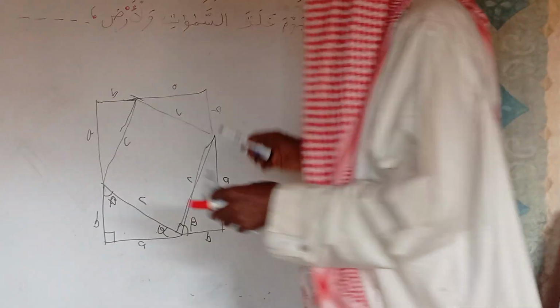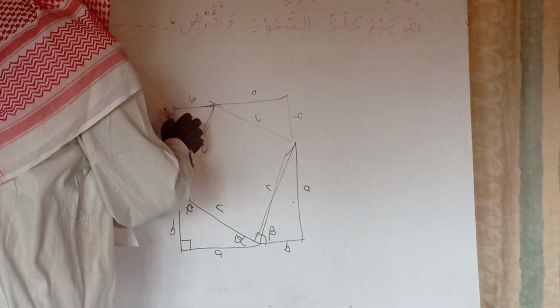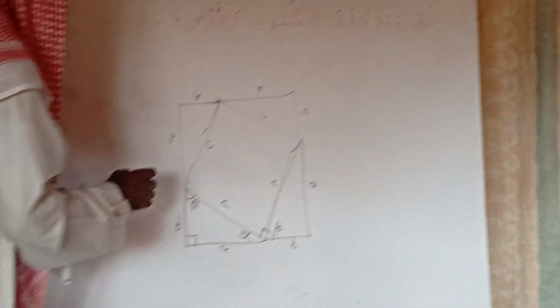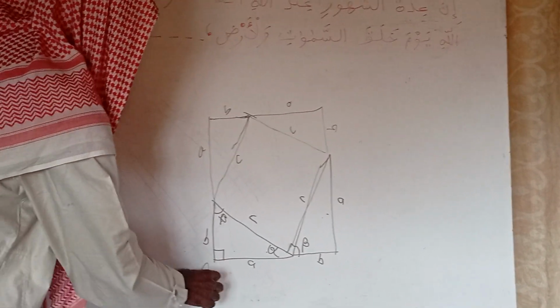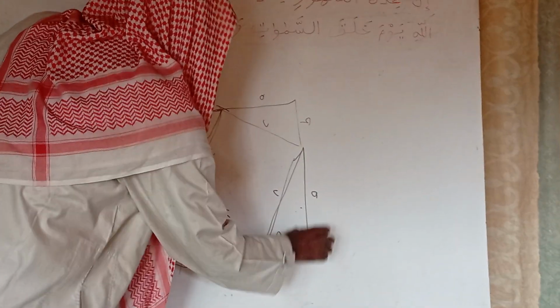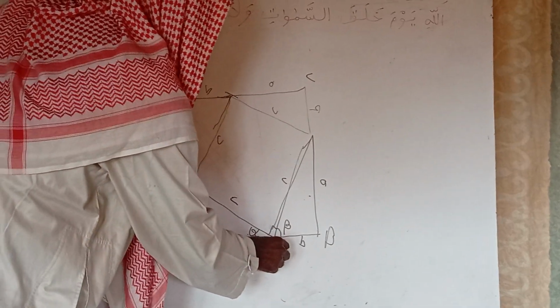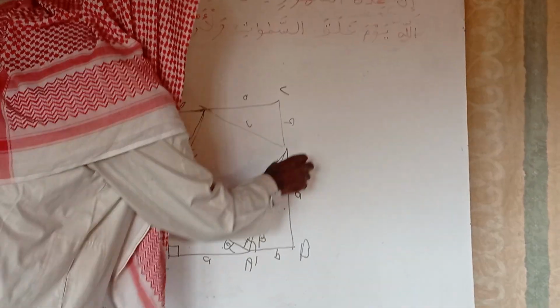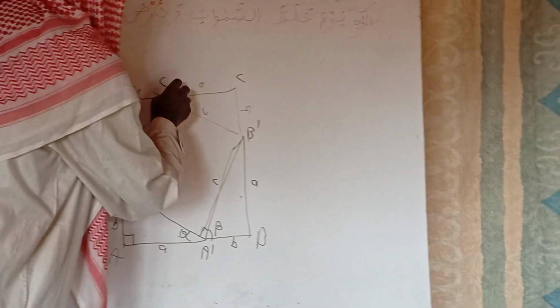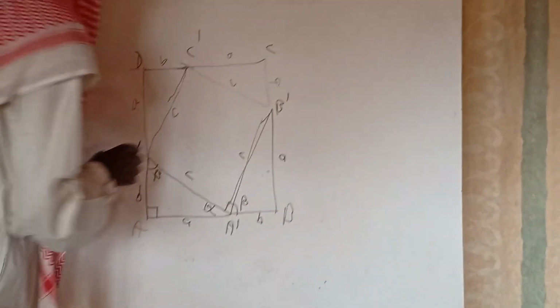Now, let us say the edges of the big square are A, B, C, and D, and the inner ones are A prime, B prime, C prime, and D prime.